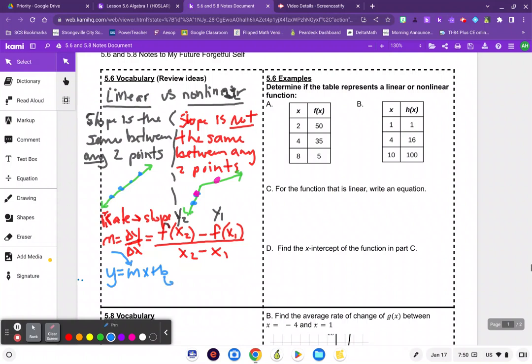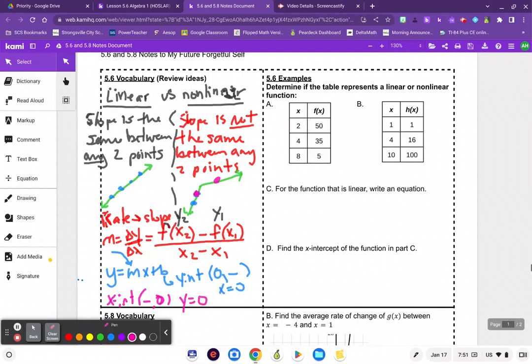B is my y-intercept. A y-intercept is when the x is 0, so 0 comma blank, or x is always 0. The other thing that we can recall then if we're talking about a y-intercept is an x-intercept. And an x-intercept is when the y is always 0, so you have blank comma 0, or the y is always 0. So it's going to pop up at you quite a bit.